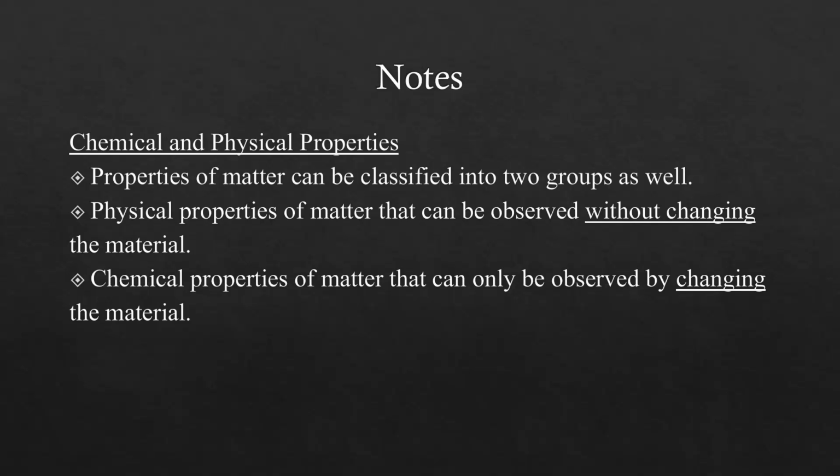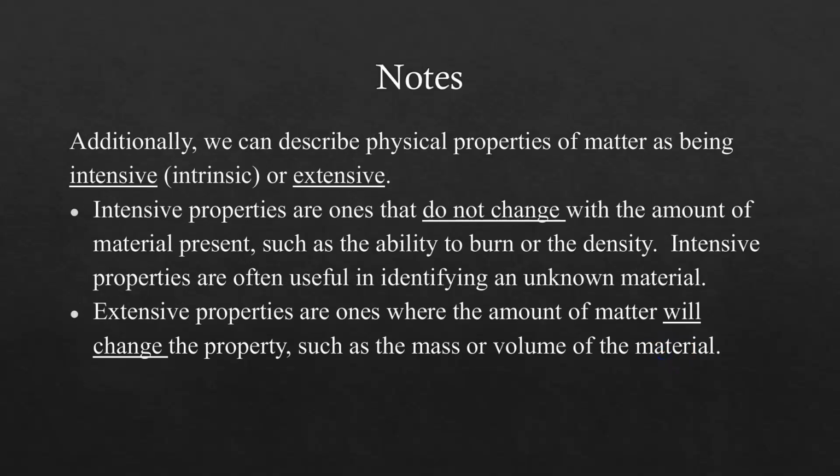Physical properties of matter can be observed without changing the material, whereas chemical properties of matter can only be observed by changing the material chemically. Additionally, we can describe physical properties of matter as being intensive or extensive.